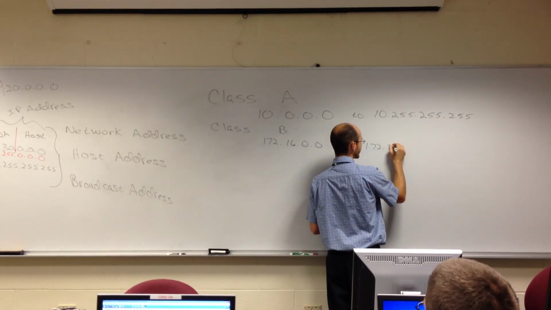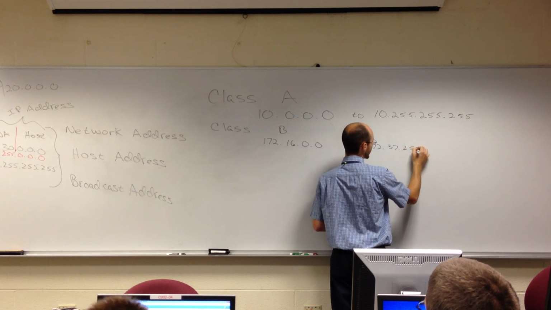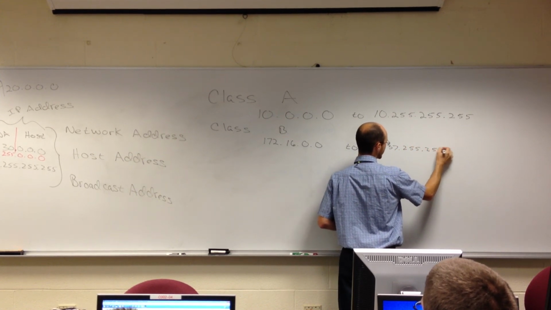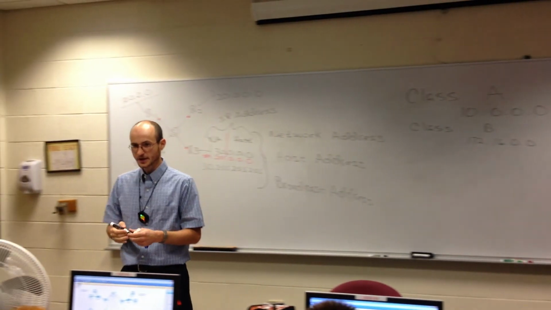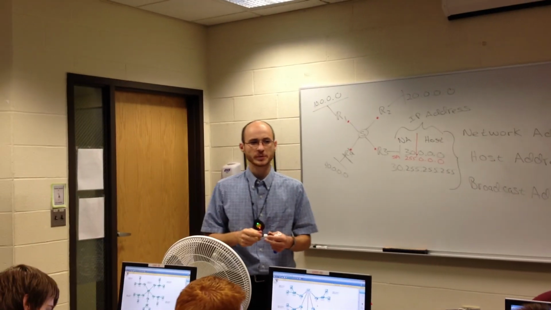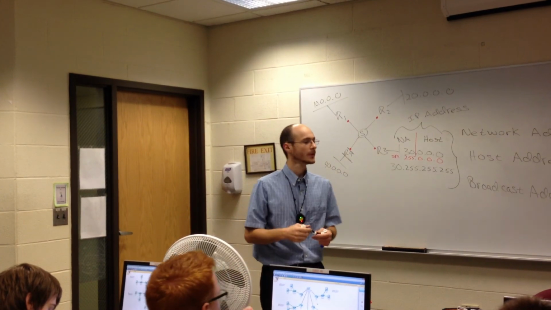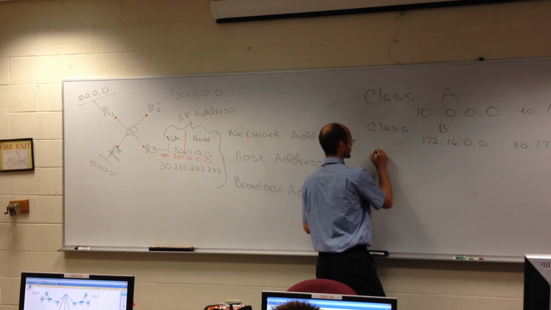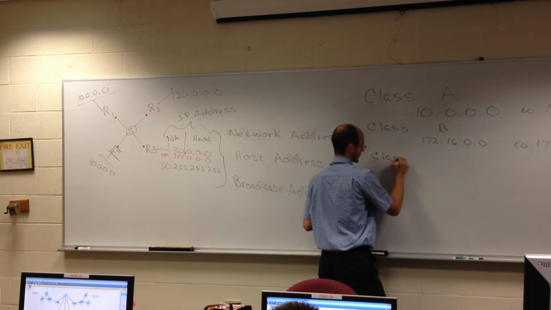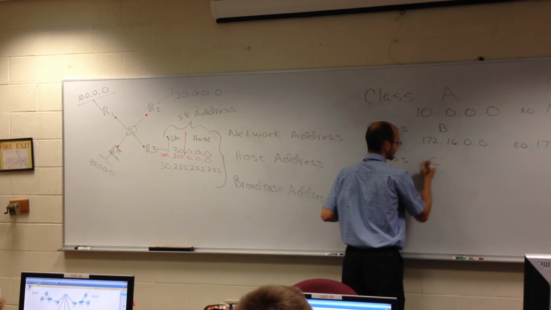I think it's like 37.255.255. I'll have to check that again. Class B is always goofy because it doesn't go a full spectrum, if you will. I think it's 37, but it could be 38. If it is, I'll update you guys later.